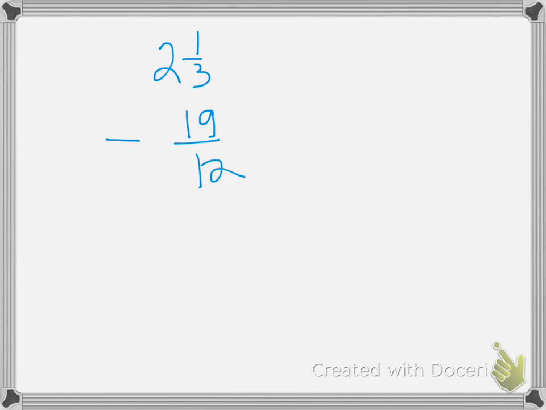Now the easiest way to do this problem is to take this fraction and write it as an improper fraction. 2 times 3 is 6, plus 1 is 7 thirds. Now I need to subtract 19/12.